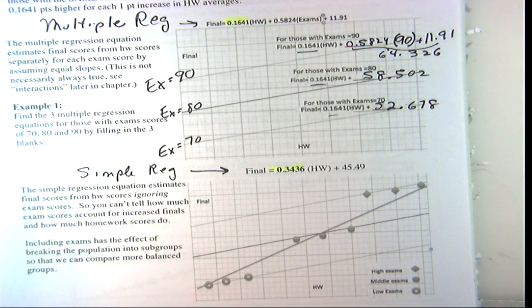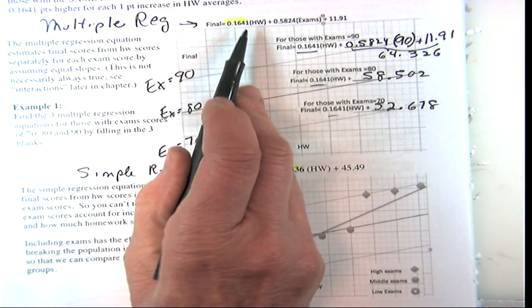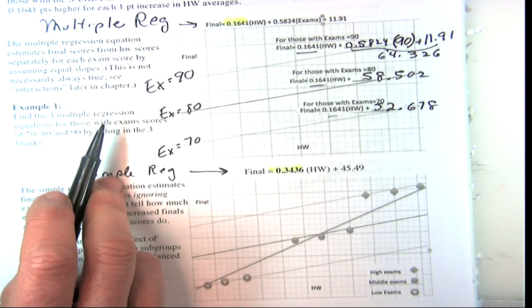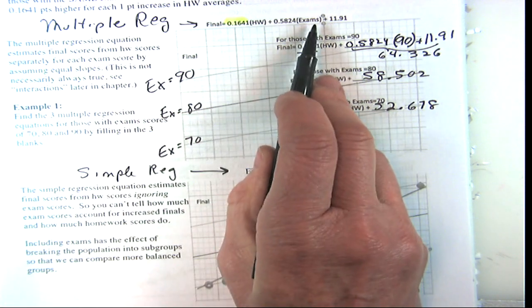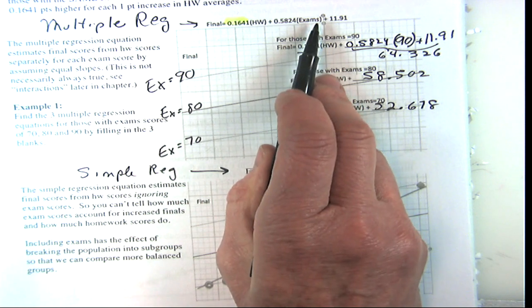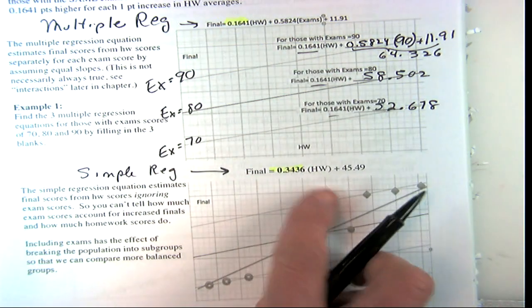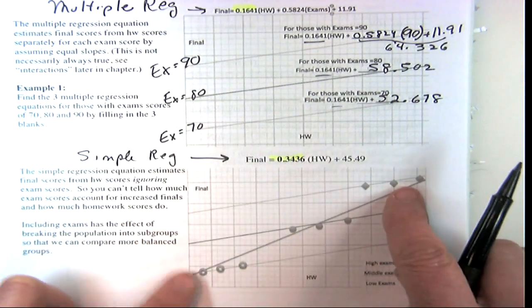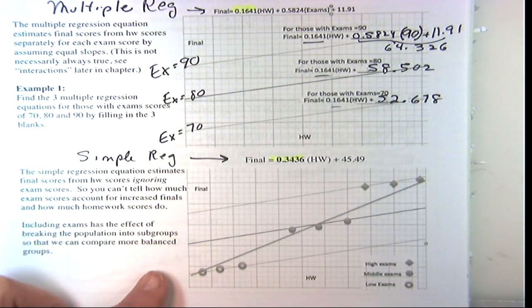And we saw that was true mathematically because you derived the simple from the multiple by substituting in for exams the relation between homework and exams. And you got a bigger slope here, and you can see that visually because homework and exams are correlated.